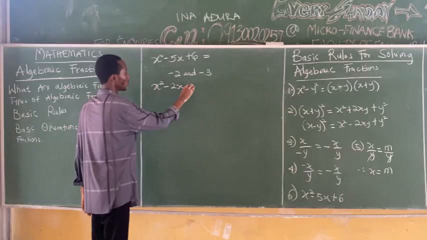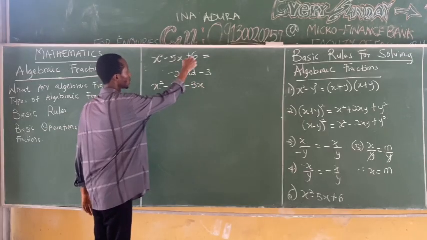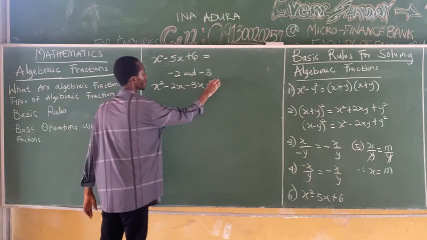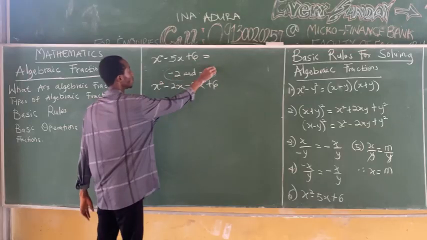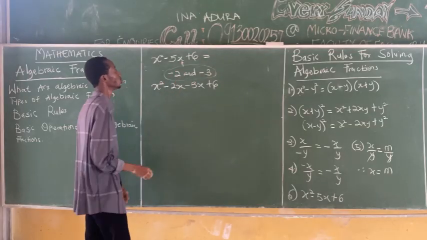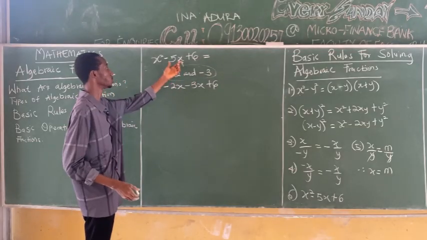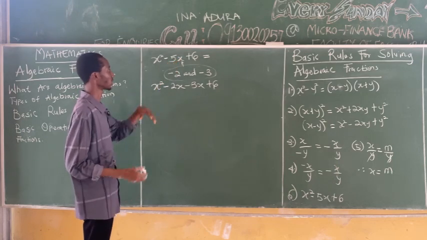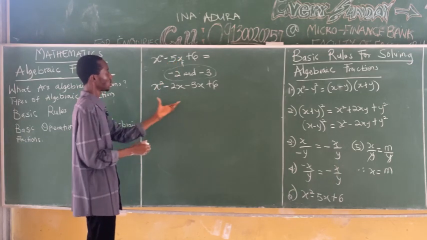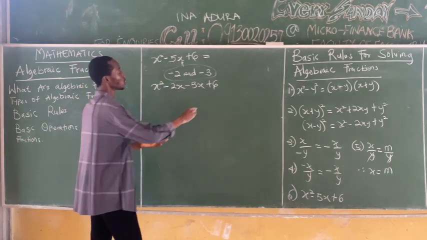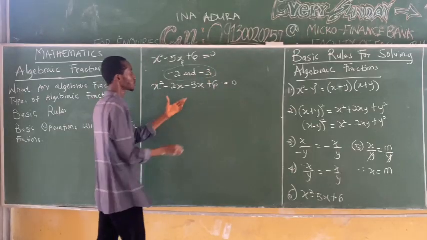The next value we have is minus 3x. Then we bring this down, plus 6. Don't forget, these values replace the middle number, which is 5x. This is equal to 0. At this point, we can factorize.